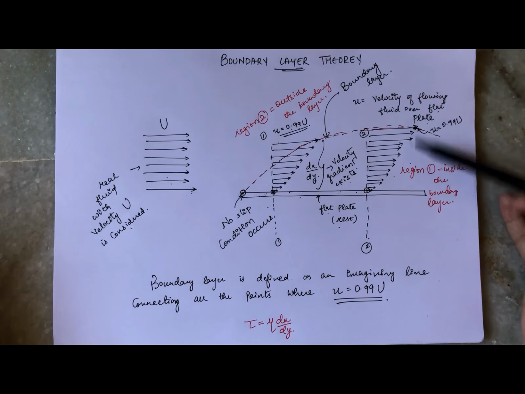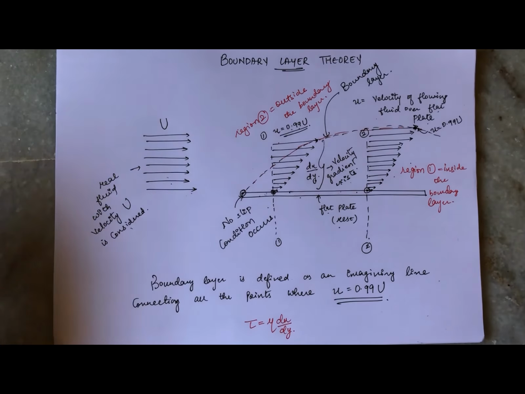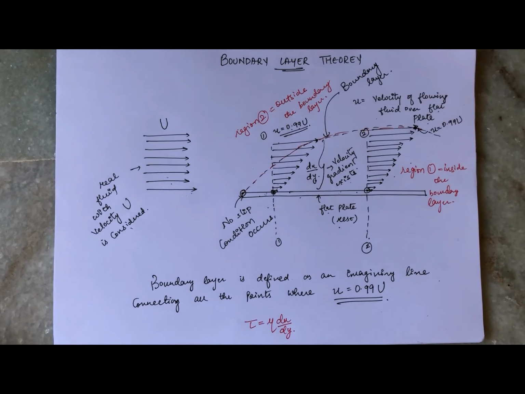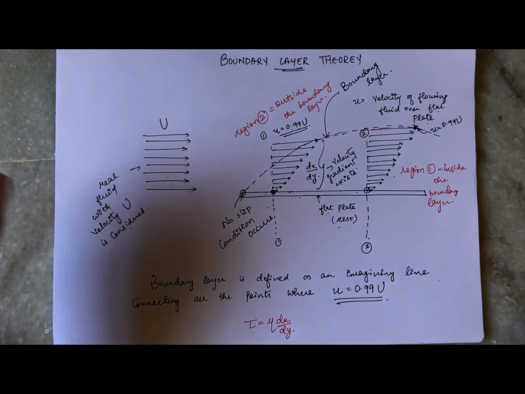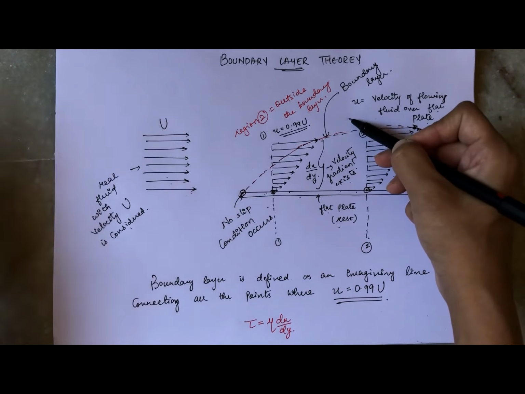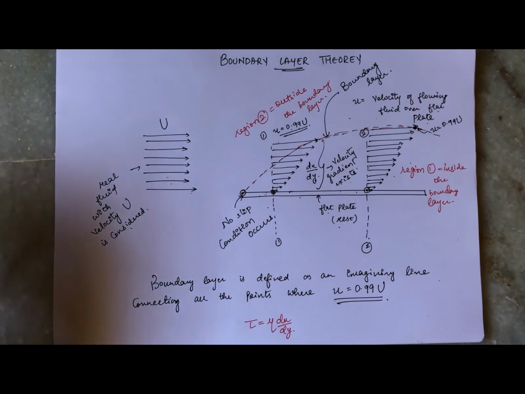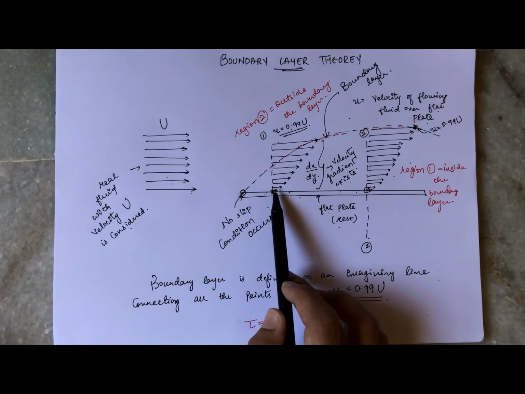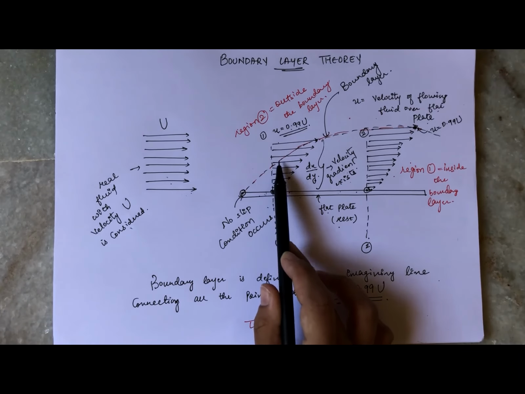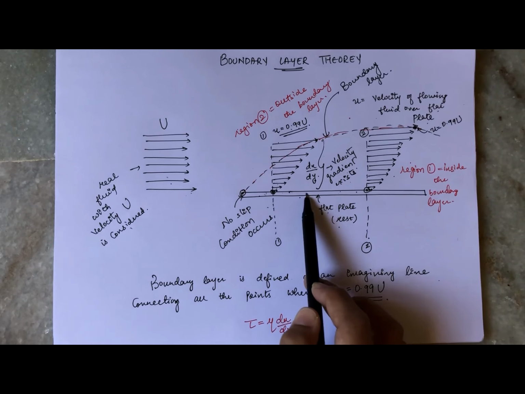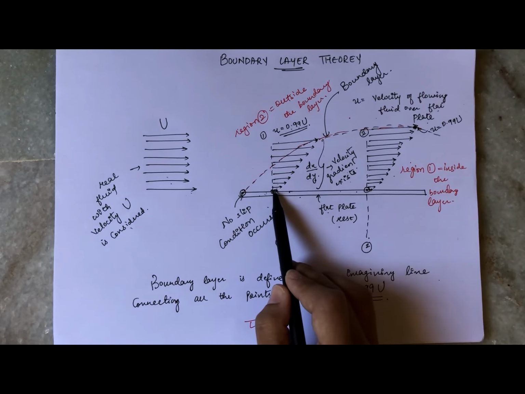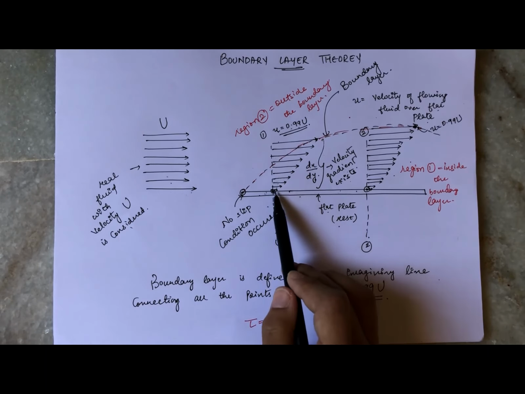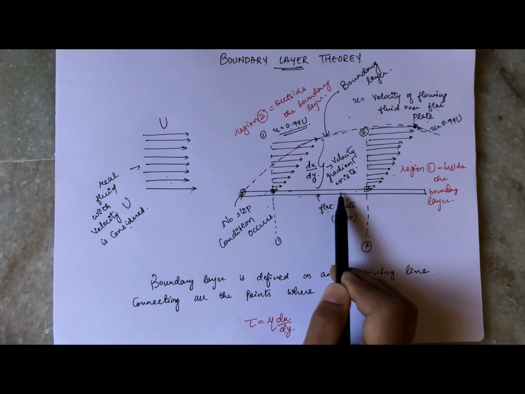In region 2 there will be no viscosity, as a result of which there will be no shear stress. Again, du by dy is the velocity gradient, the rate of change of velocity in y direction with respect to the rate of change of distance in x direction.